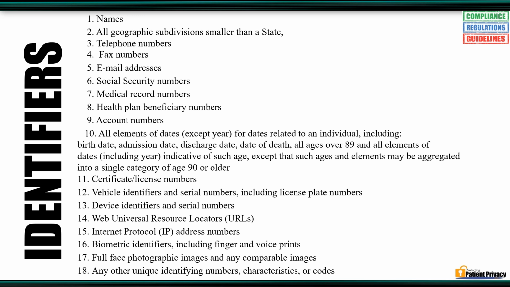I'm often told, well, we didn't disclose PHI because we only disclosed a code with the person's information and nobody knows that code except us. That is an identifier, and therefore you would have PHI in that circumstance.